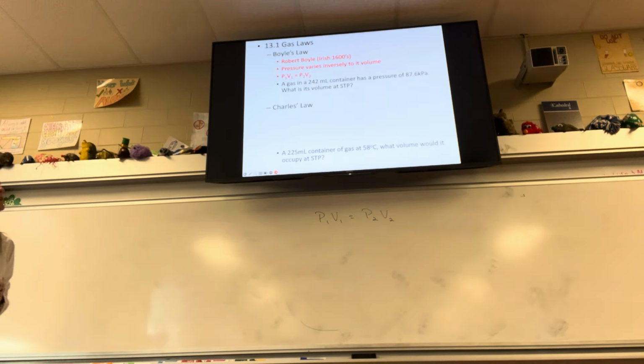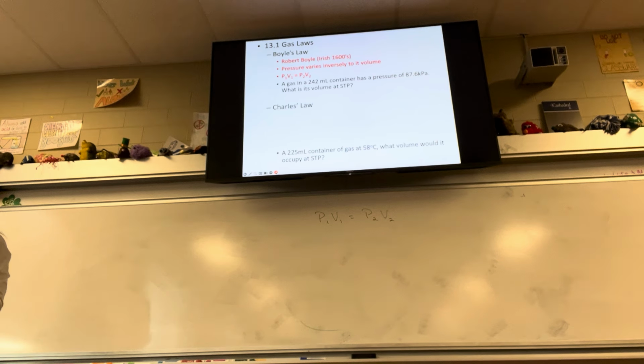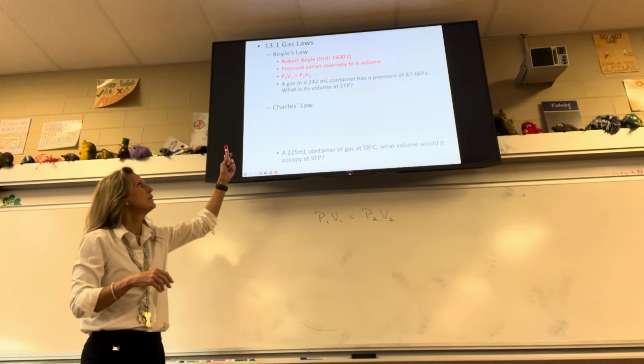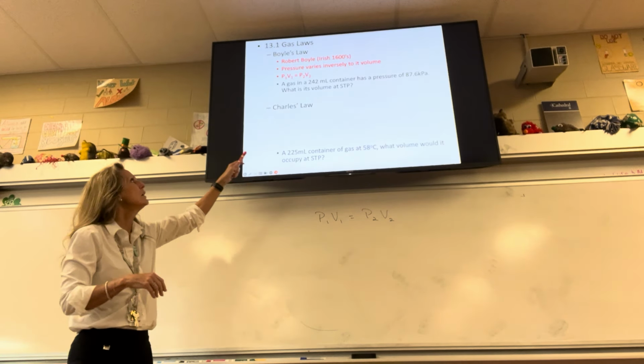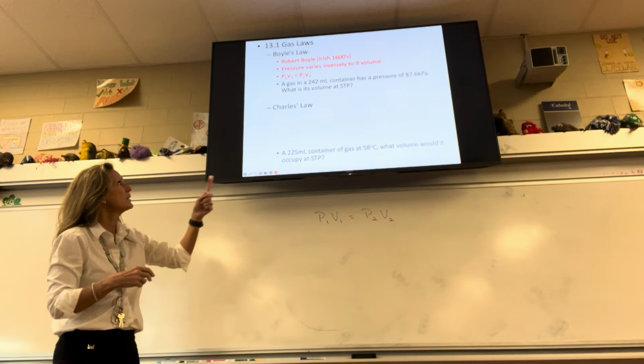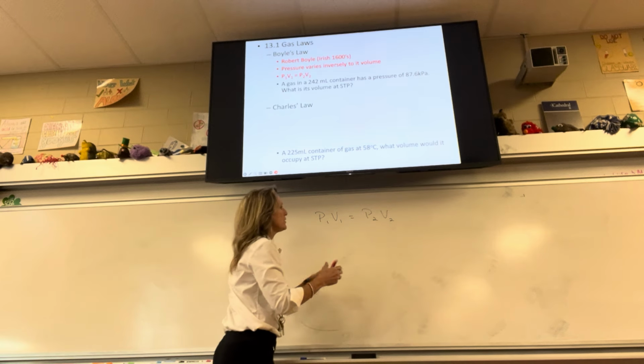Like here, it says we have a gas of 242 milliliters in a container with a pressure of 87.6 kilopascals, the kPa, and we want to know what its volume will be at STP. It might be helpful if you label what variables are what, like you'll have on your homework, but ultimately what we're solving for is V2.